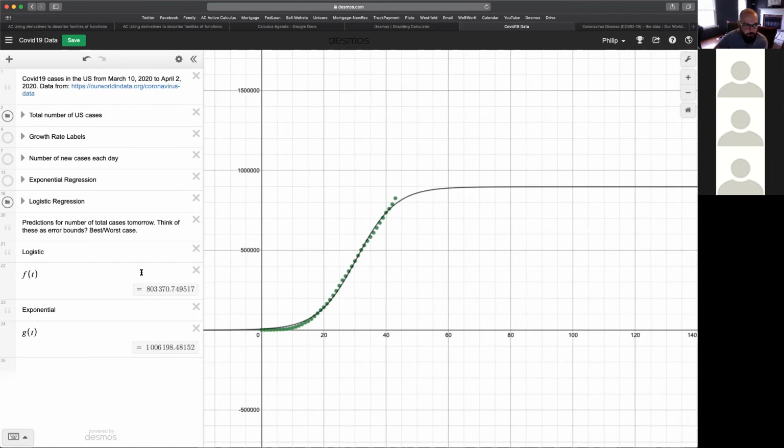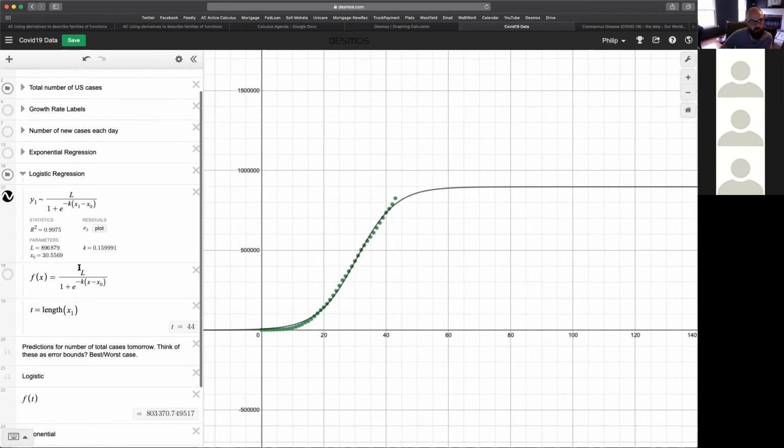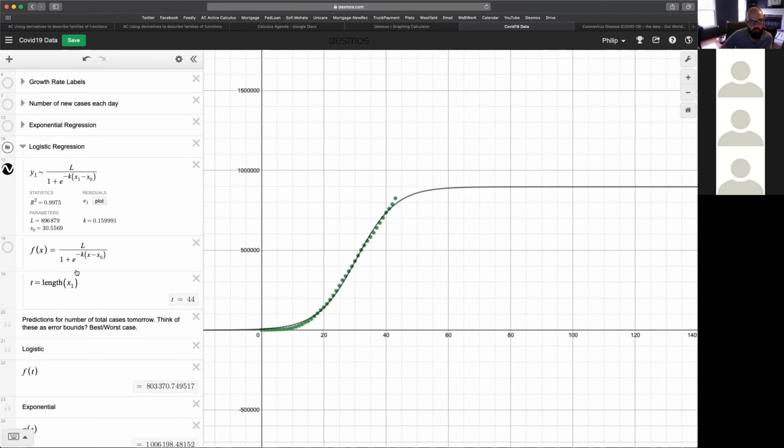So we have a hard time right now telling what those parameters are. These are parameters that I put in for the logistic growth function, and our A would be this right here.